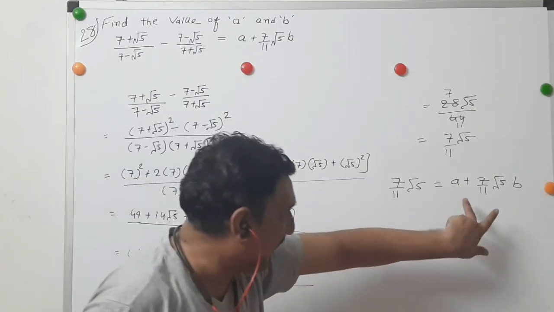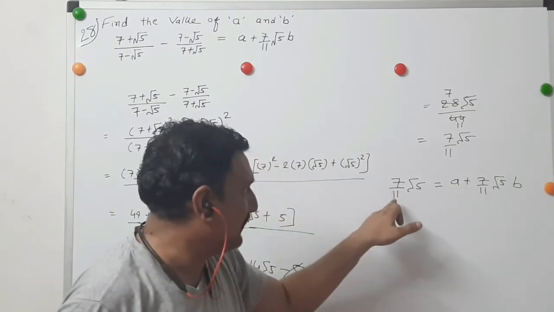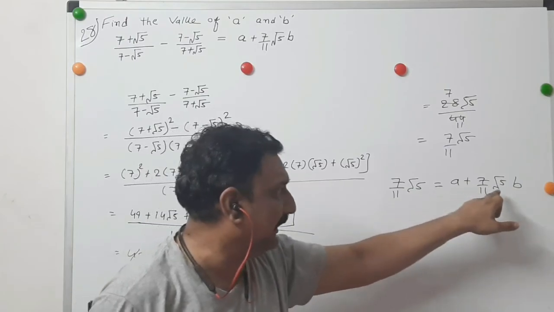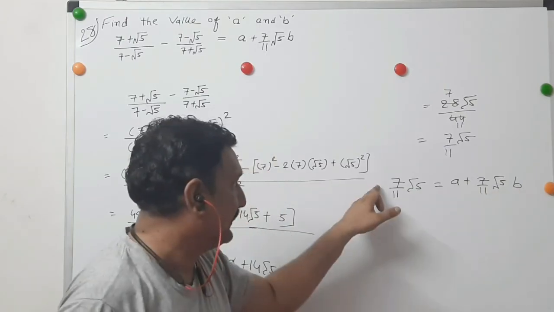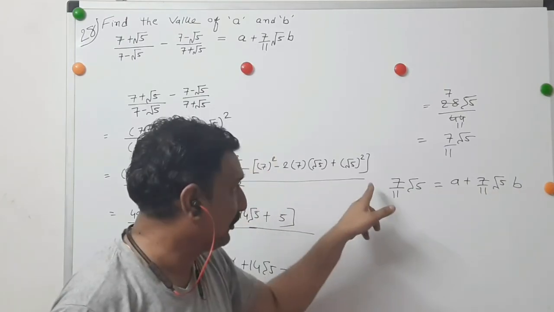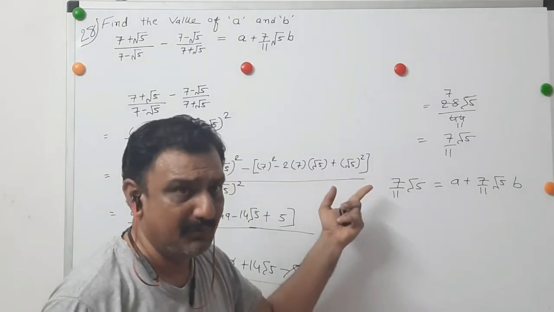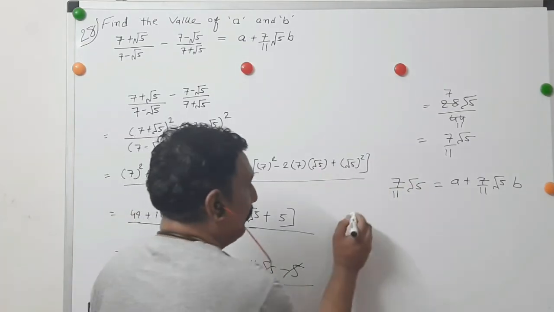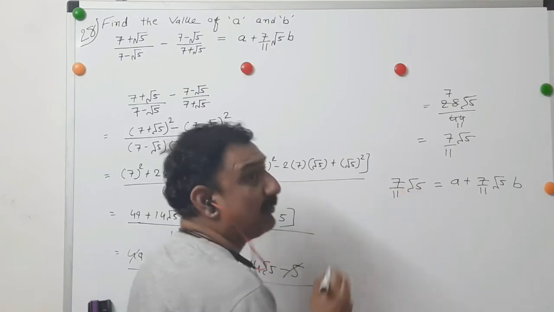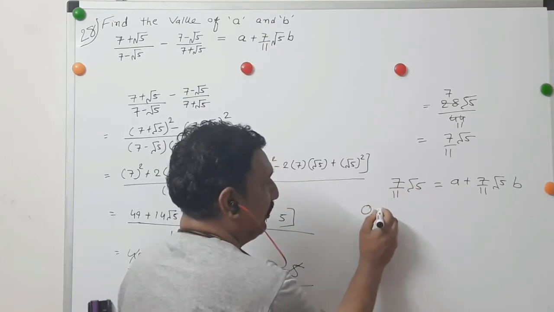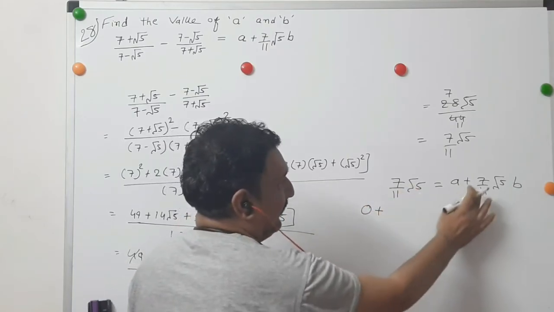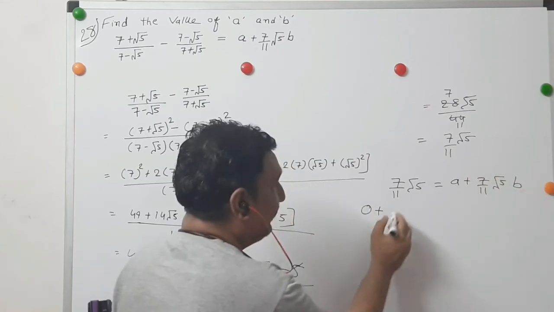If you want to write 7 by 11 root 5 in the form of a plus something, there is no a, there is no first term. So we consider it as 0. So you can write 7 by 11 root 5 as 0 plus 7 by 11 root 5 as it is in the second term.